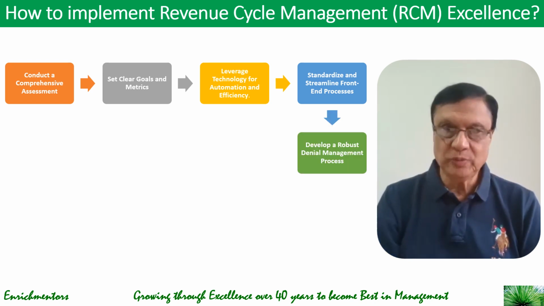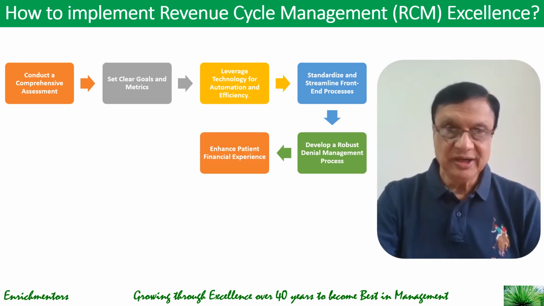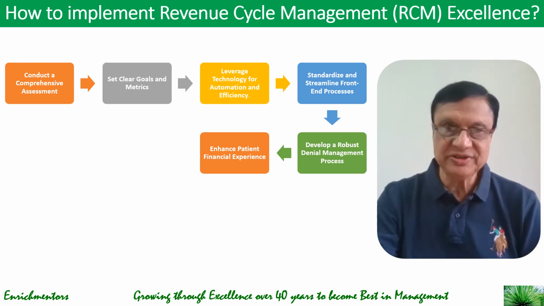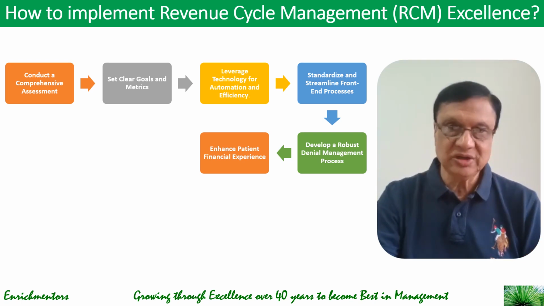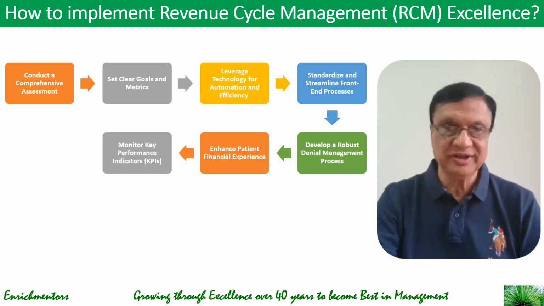Then develop a robust denial management process, where most of the leakages happen. Enhance the patient financial experience, how the patient goes through the process of his or her claim being made, submitted, refined and reimbursed to him or her. That's the process we will talk about here.